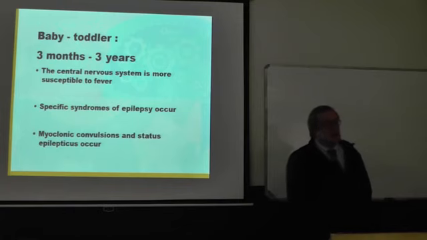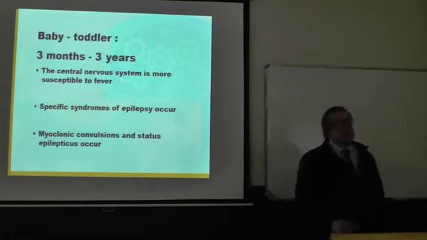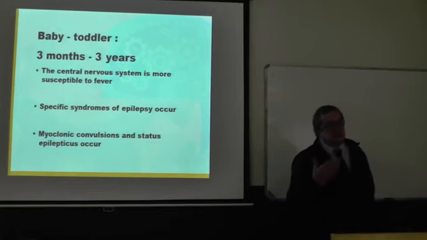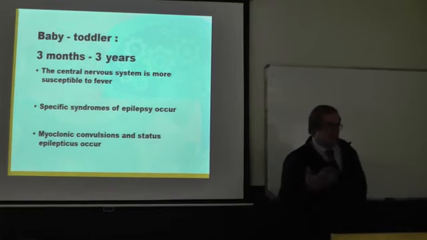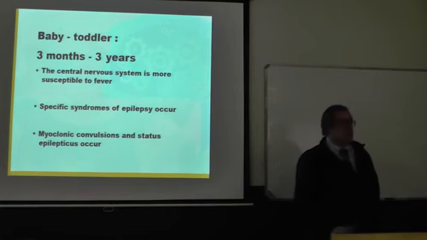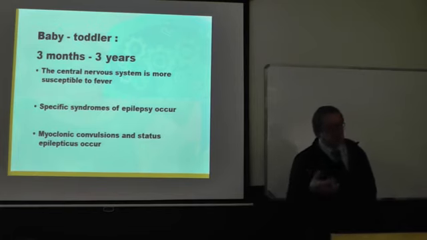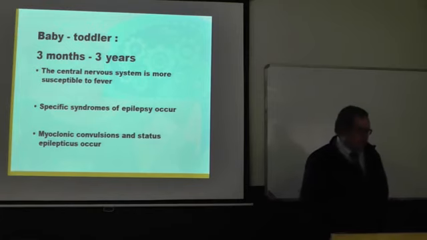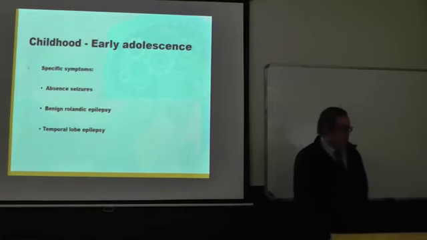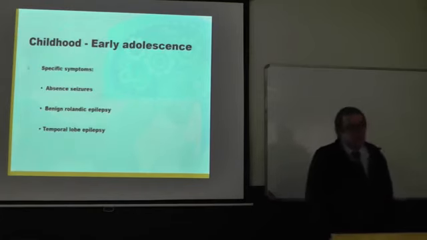It's also the start of myoclonic convulsions and status epilepticus, and that's often the start of some of these more serious epilepsy syndromes like West syndrome, Lennox-Gastaut syndrome, and the severe myoclonic epilepsy of infancy.